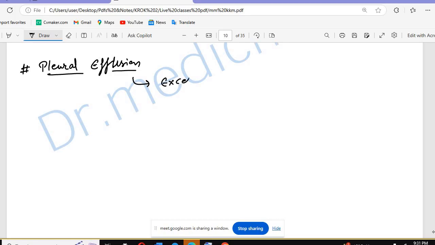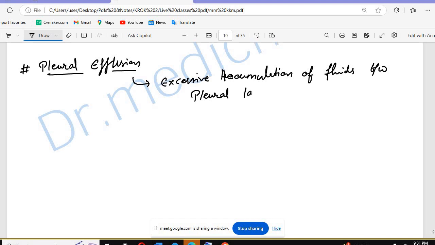So this is basically the excessive accumulation of fluids between the pleural layers, and it is known as pleural effusion.